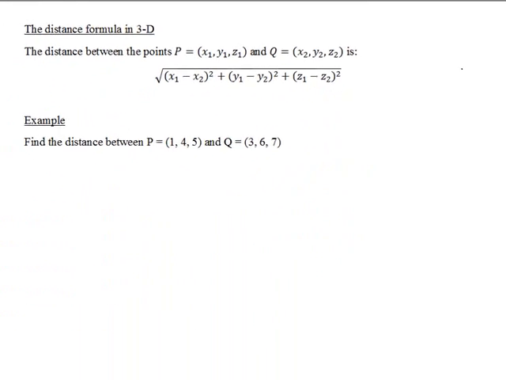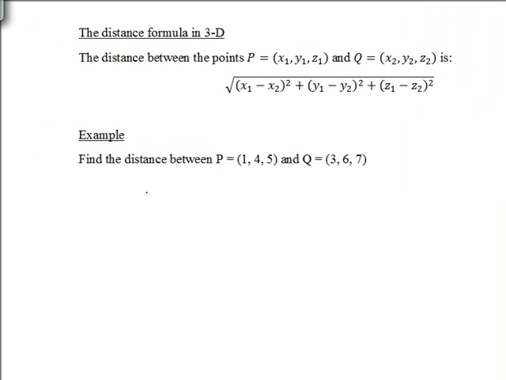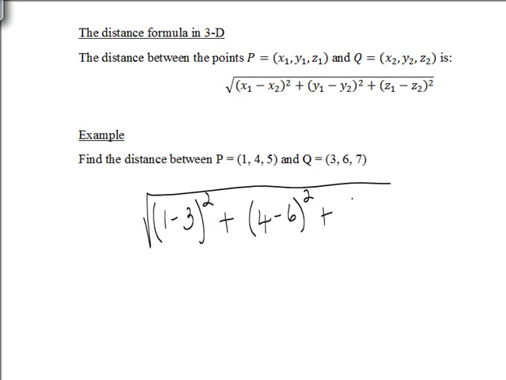There are some basic concepts that I will just look at briefly. The distance formula: you can find the distance between 2 points the same way you did it in 2 dimensions. So this is the formula. The distance between P and Q is the square root of the sum of the squares of the differences. So if I have to find the distance between the point P(1, 4, 5) and Q(3, 6, 7), what do we have? The square root of (1 minus 3) squared plus (4 minus 6) squared plus (5 minus 7) squared.